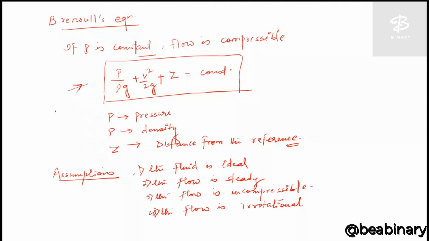When we are deriving the Bernoulli's theorem with the help of the Euler's equation, these four assumptions must be followed. Otherwise, if flow is rotational, this equation is not valid. If flow is unsteady, this equation is not valid. If the flow is compressible, this equation is not valid. Okay.